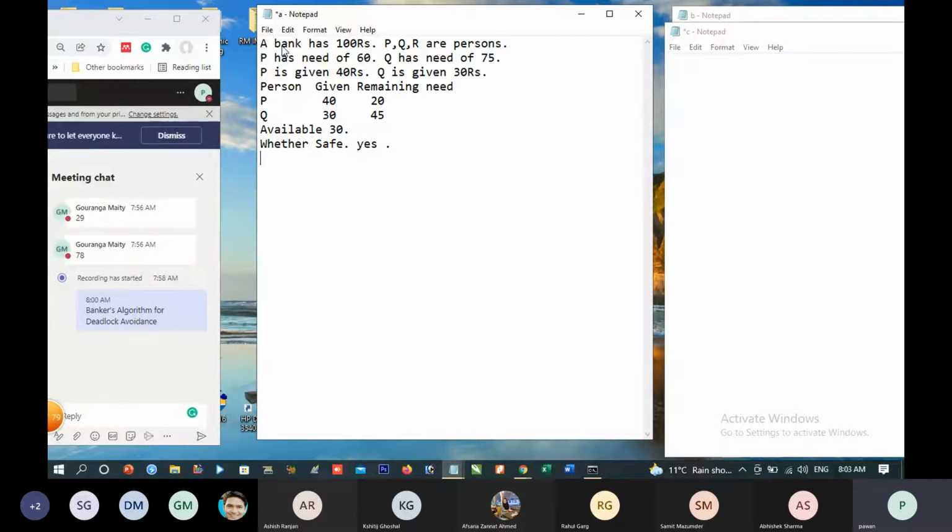Now, let P ask for 20 rupees. Let Q ask for 20 rupees. Suppose the bank gives, then what is going to happen?